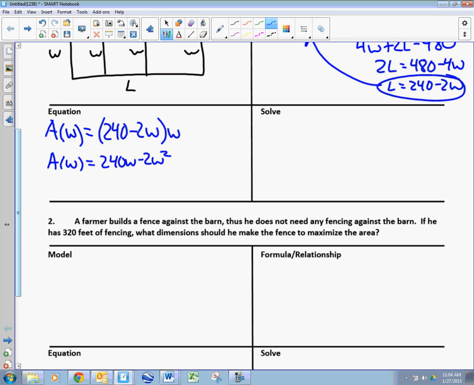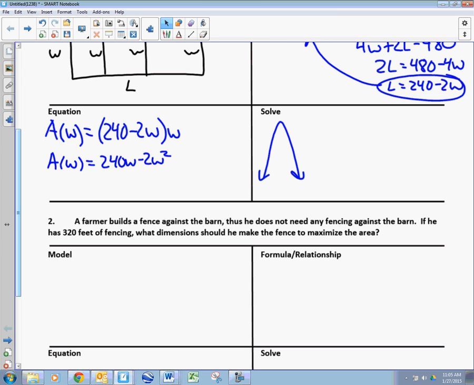The absolute max, in this situation, it is the absolute max because it's a parabola. But generally speaking, these happen at local maxes. So as you look at this piece right here, what graph does that make? What shape? Upside down parabola. Does that have a maximum? It sure does.